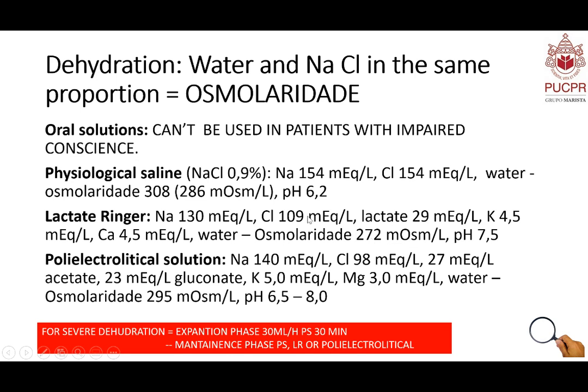So since it's similar to physiological saline, what's really the advantage of using Ringer lactate? Well, the advantage is, of course, the lactate. When you give physiological saline, you're giving a lot of chloride, much more than when you give Ringer. And chloride is, of course, a very strong acid.